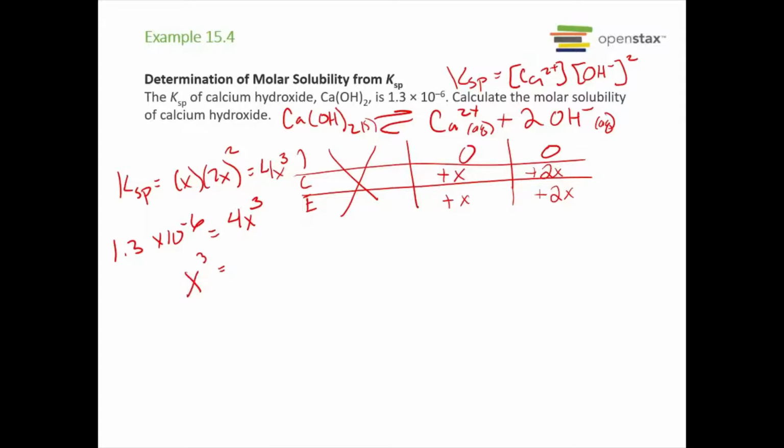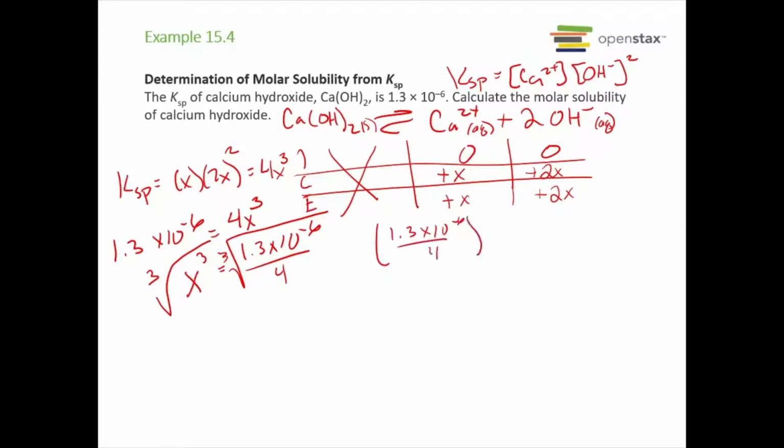And we get that x cubed is equal to 1.3 times 10 to the negative 6 over 4. And we're going to take the cube root. So make sure your calculator has this option. If it doesn't, then you would put 1.3 times 10 to the negative 6 over 4 and raise it to the 1/3 power. Same thing. So then you get that x is equal to 7.0 times 10 to the negative 3rd molar.